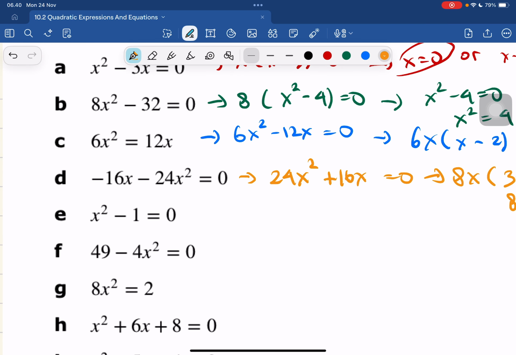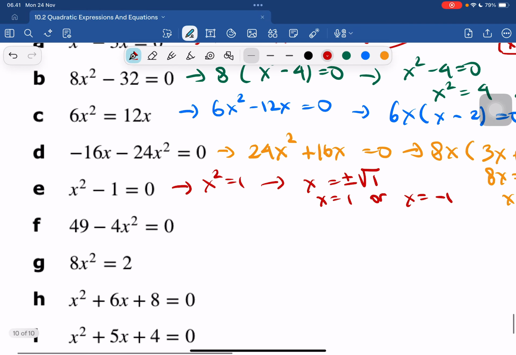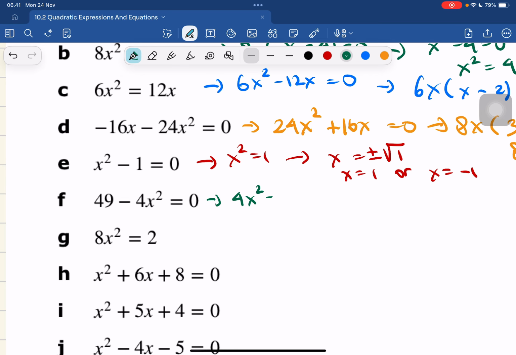Okay, for here, we got it. So x squared equals 1, and then x equals plus or minus the square root of 1. So the first x is 1, or x equals minus 1. Here, multiply by negative 1. So it's going to be 4x squared minus 49 equals 0.